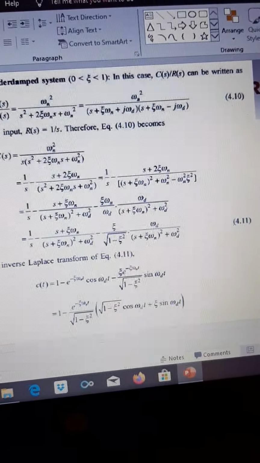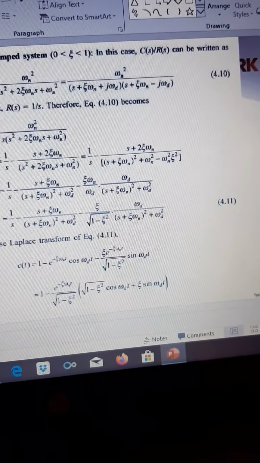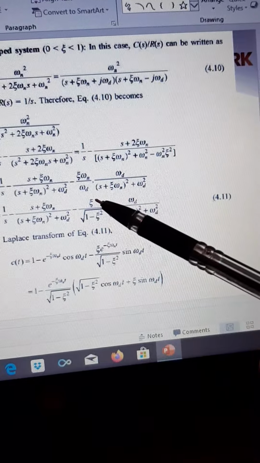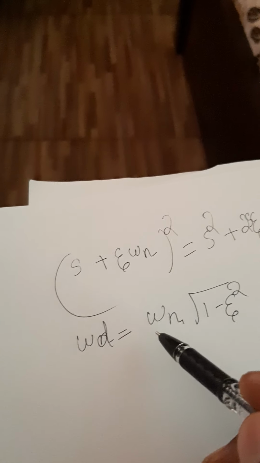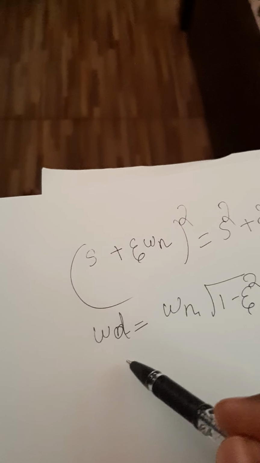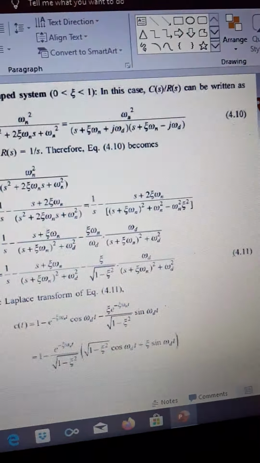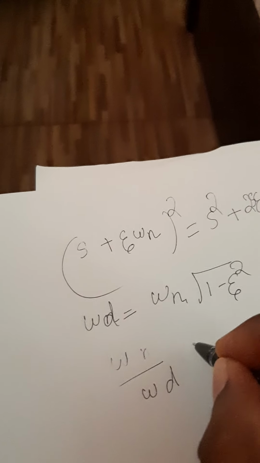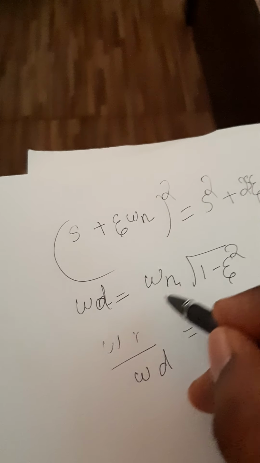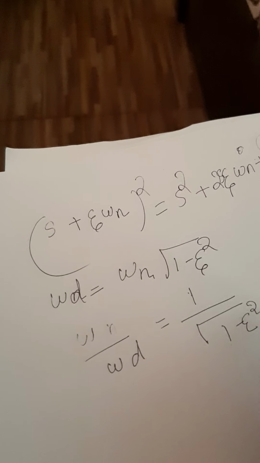After that, omega n divided by omega d is nothing but 1 divided by square root of 1 minus eta square, since omega d by omega n is square root of 1 minus eta square. So omega n by omega d comes to this side as 1 divided by square root of 1 minus eta square.